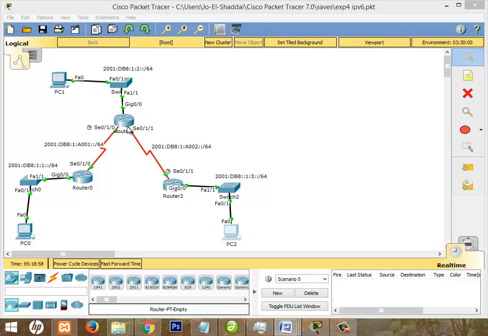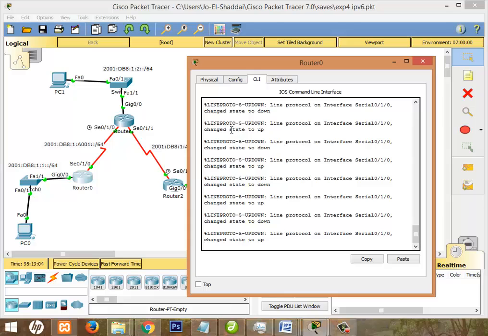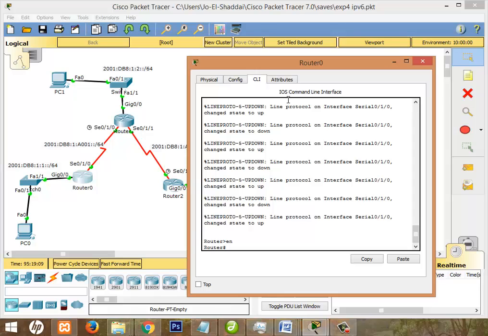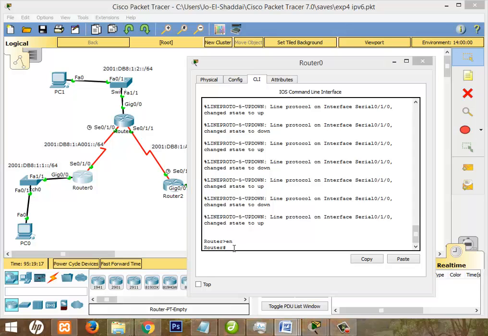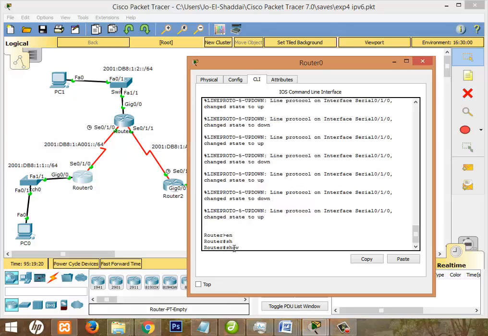So what we are going to do here is take a router. So the router is here. We have to first enable it. After enabling it, we can try some commands like show ipv6 interface.